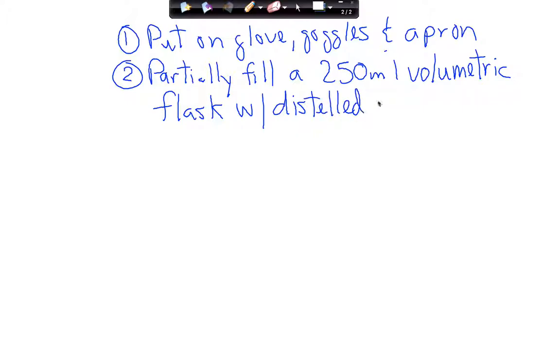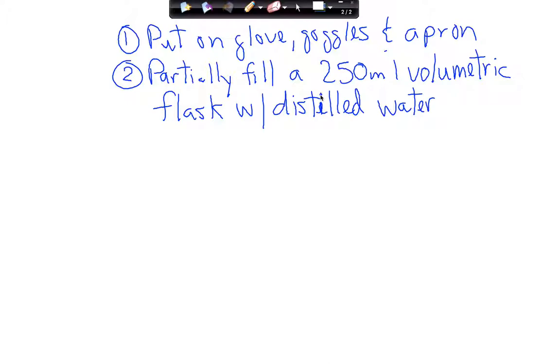If you put water, you get no credit. It has to be distilled water. You okay? So what we've got now is a volumetric flask with some water in the bottom.